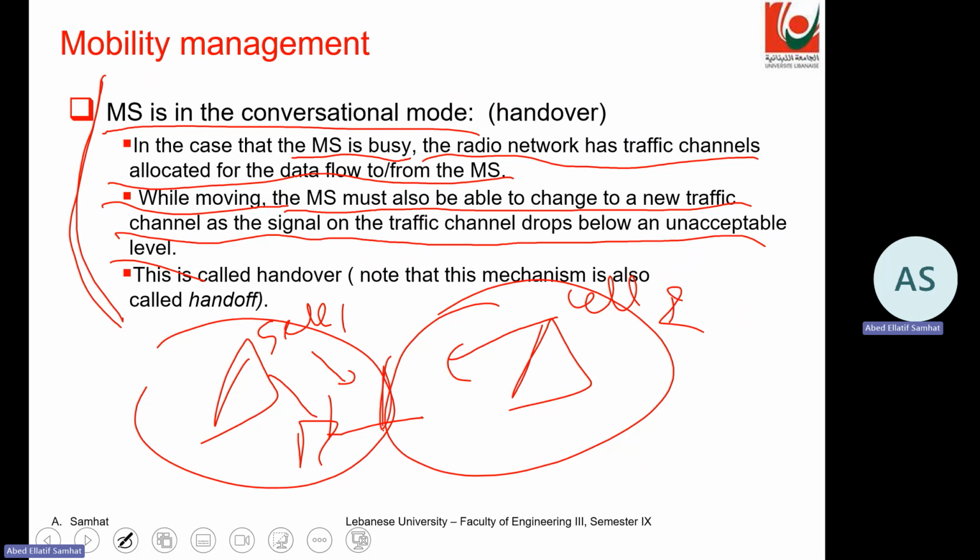So at a certain level, there is a decision to trigger the handover from cell 1 to cell 2. We call this handover, and it's also possible to call it handoff. So let's see together what the different types of handover are. And remember that handover happens just in the case where the mobile is in conversational mode.